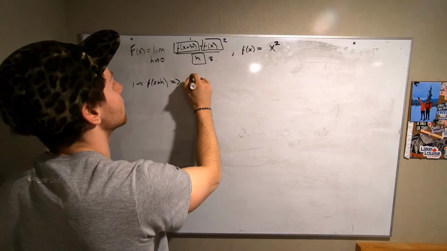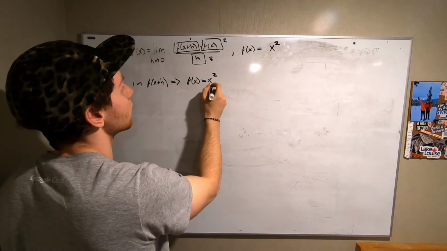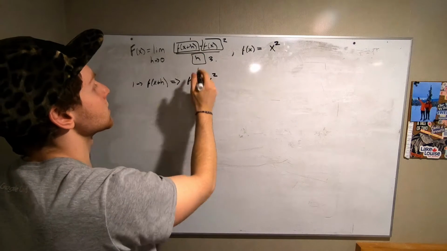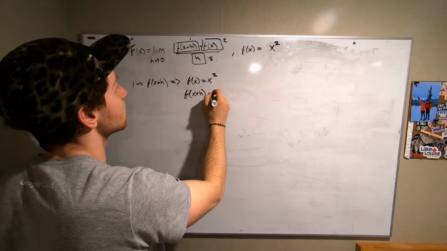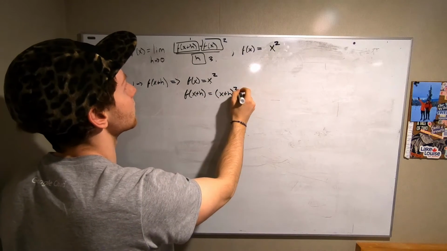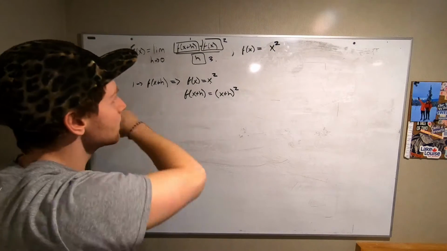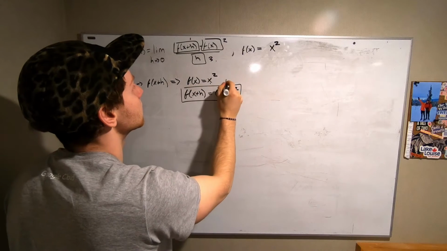So if f of x is equal to x squared, then wherever we see the x, we're going to put the x plus h. So f of x plus h is equal to x plus h squared. Cool? So that is our number 1.